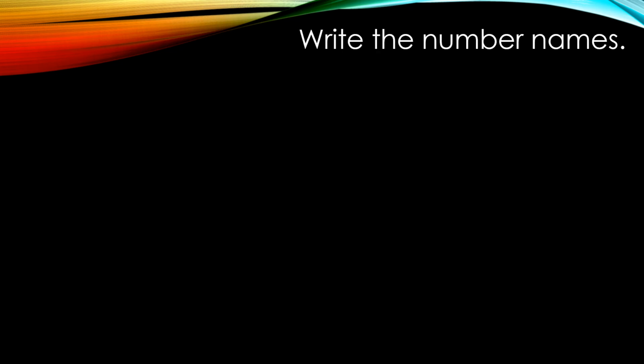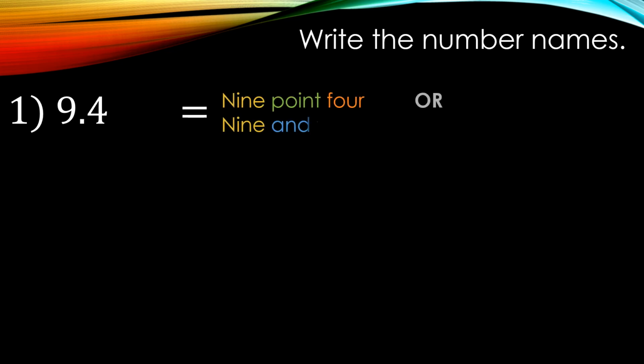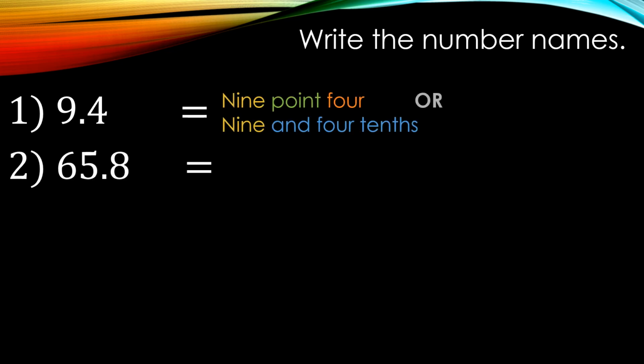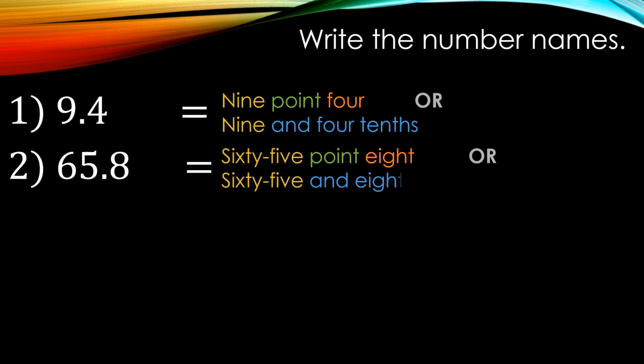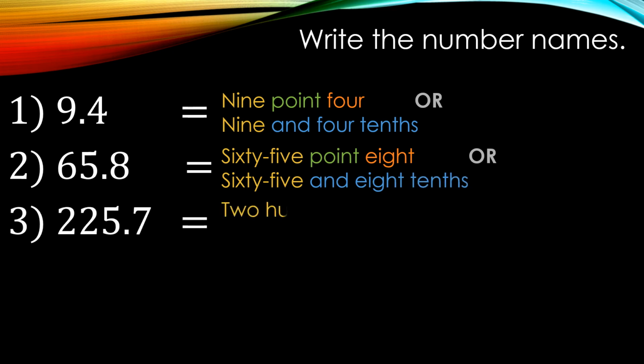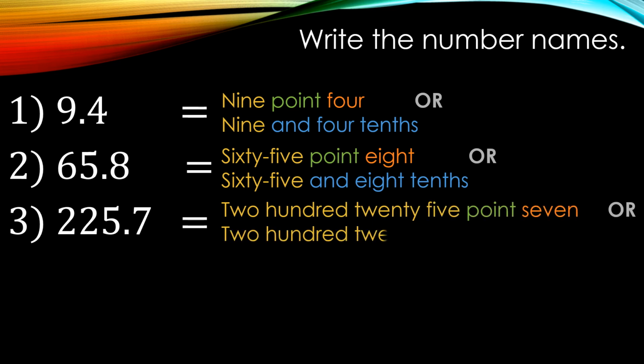Let us solve one more question. Write the number names. Question number 1. The answer is 9.4 or 9 and 4 tenths. Question number 2. The answer is 65.8 or 65 and 8 tenths. Question number 3. The answer is 225.7 or 225 and 7/10.